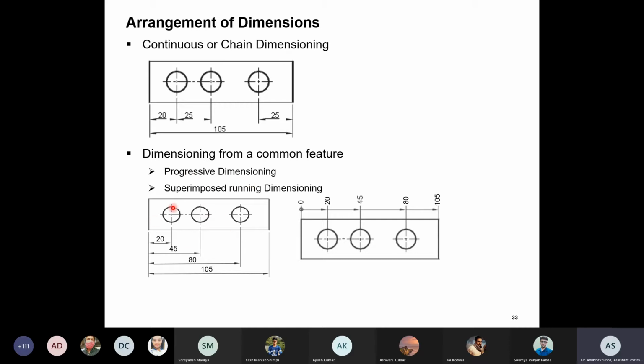This one is superimposed, where you see only one arrow. Superimposed means from here it is 20, then after 20 it is 45, and it goes on like this, getting added, while here it is separate for each component: this is 25, this is 25, and the whole is 105.